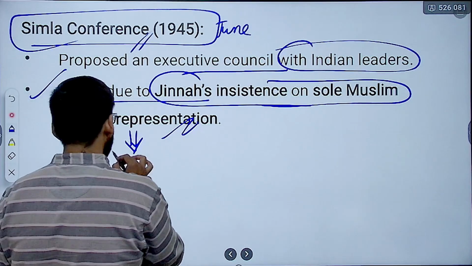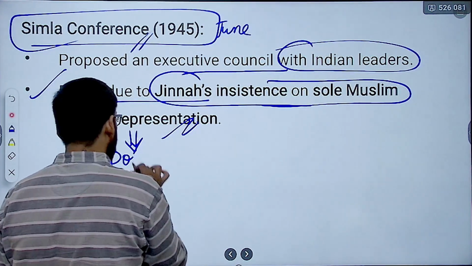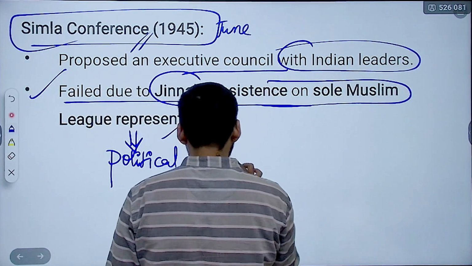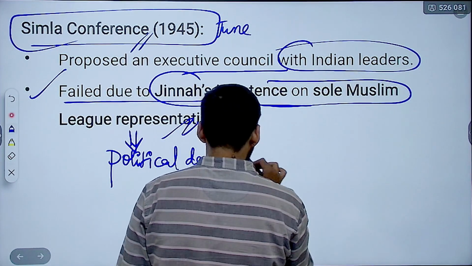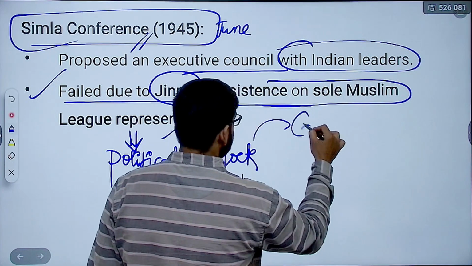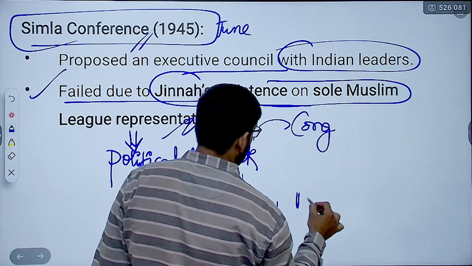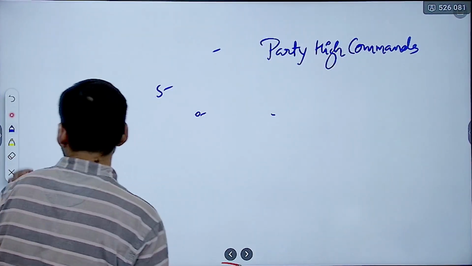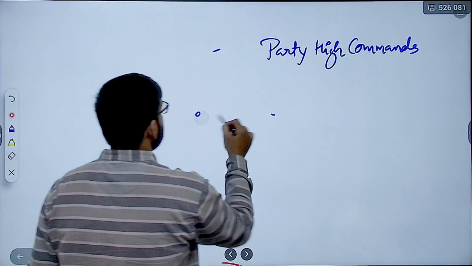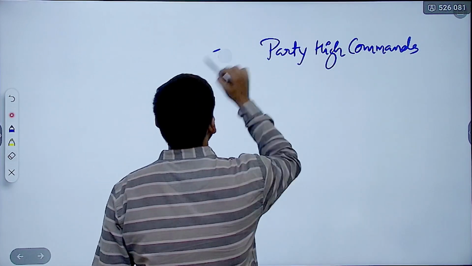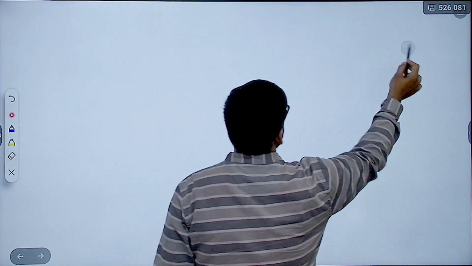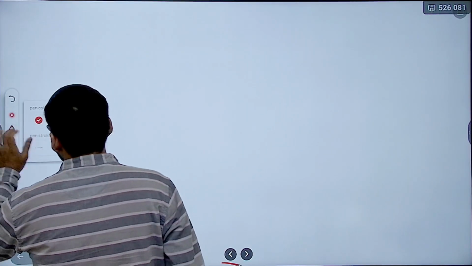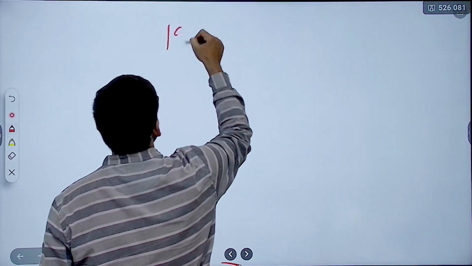So this conference was unable to resolve the political deadlock between Congress and the Muslim League, है ना. So Congress and the Muslim League both rejected this offer, which is also called the Shimla Conference or Wavell's Plan.